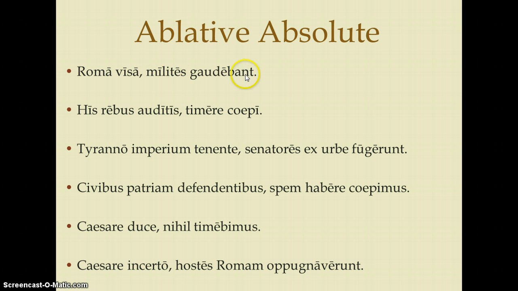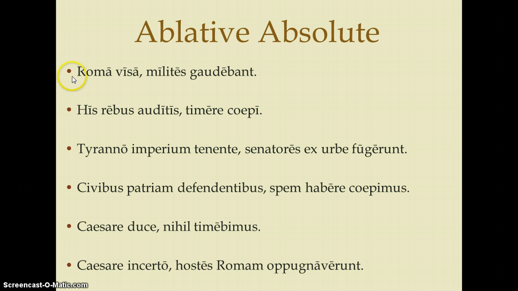We have our main sentence, milites gaudebant, and then we have this ablative absolute that is not grammatically related to the rest of the sentence. It's its own little thing. Our main sentence translates, the soldiers were rejoicing.